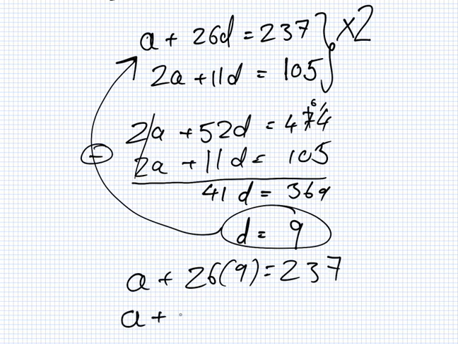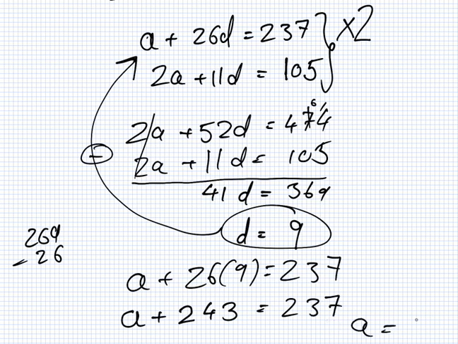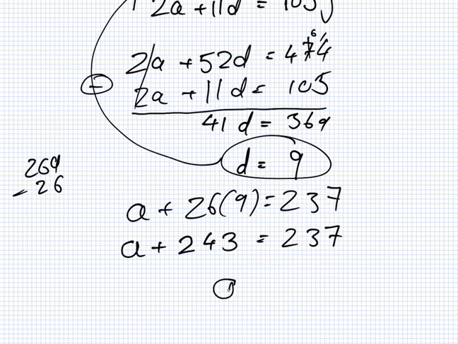So A plus 243, now hang on, I'll get this. 26 times 9 is what? 234.